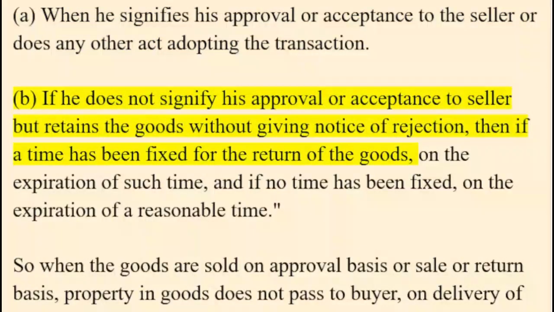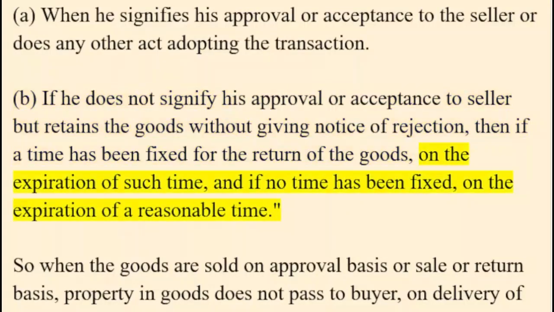B. If he does not signify his approval or acceptance to the seller but retains the goods without giving notice of rejection, then if a time has been fixed for the return of the goods, on the expiration of such time, and if no time has been fixed, on the expiration of a reasonable time.